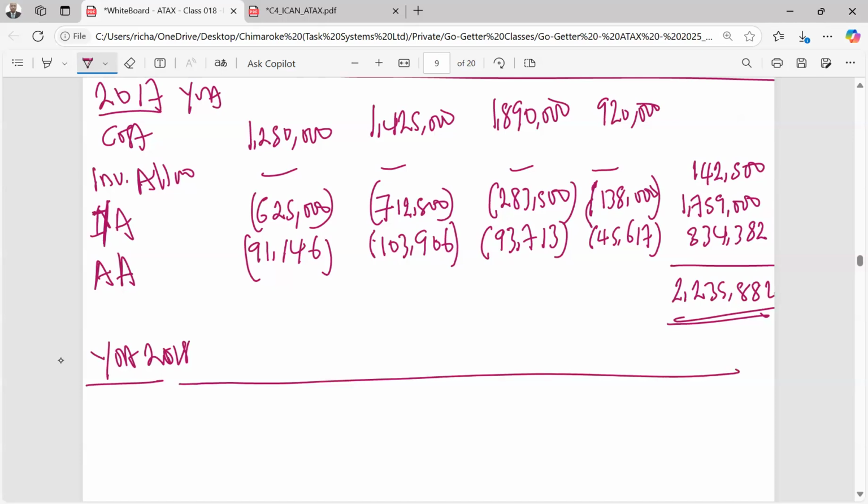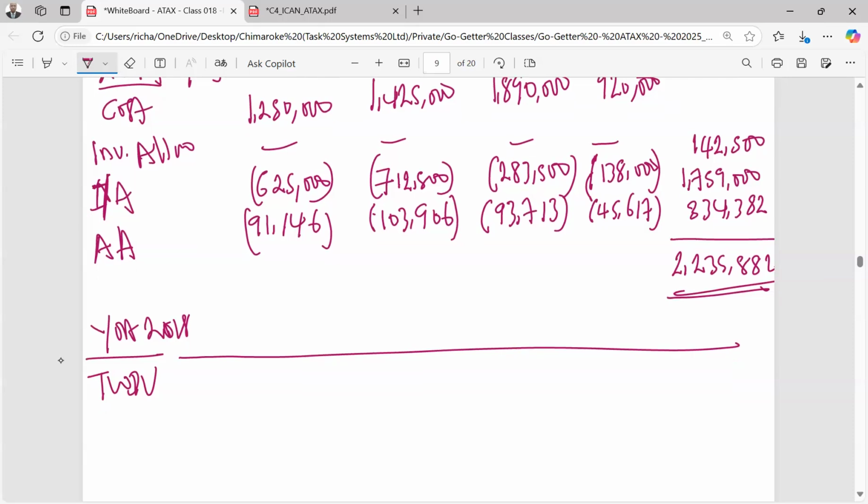So what we have here now is tax written down value. What do we have in tax written down value?